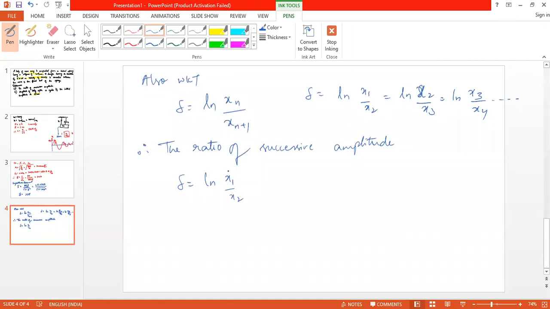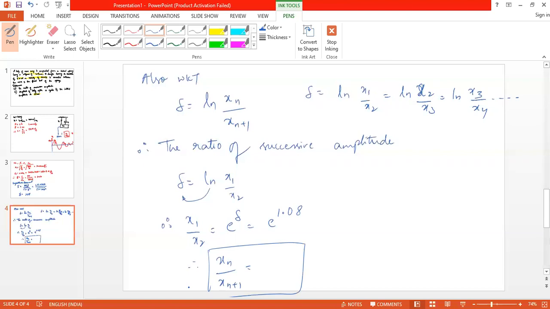I don't know the value of x1 by x2, but I know the value of delta. Therefore, x1 by x2 is equal to, if I send this ln here, e power delta. That is equal to e power 1.08. So xn by xn plus 1 is equal to e power 1.08.